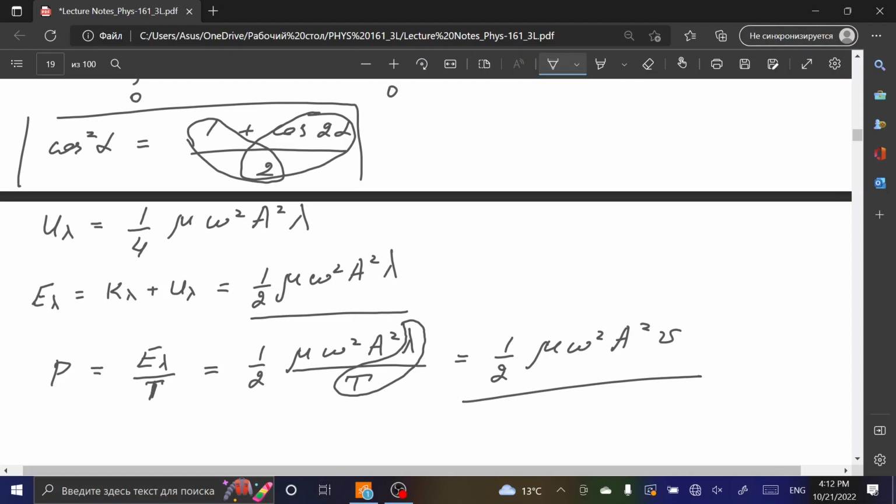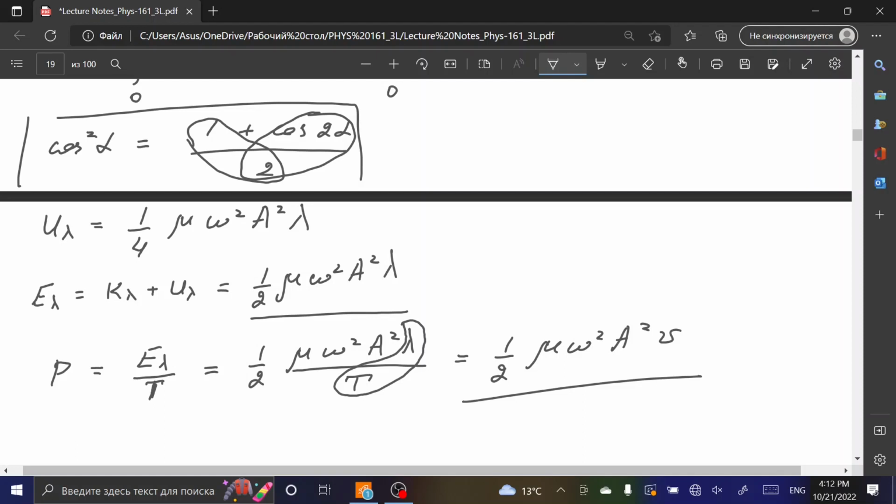Take a look here and tell me what the dominant factors are which define this power. Dominant parameters. Obviously those where we have the second power.